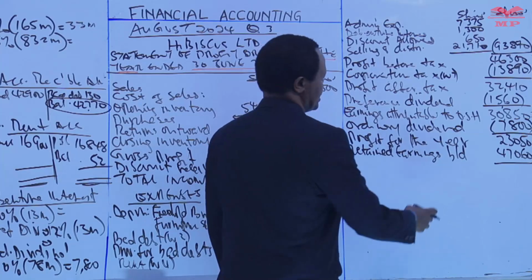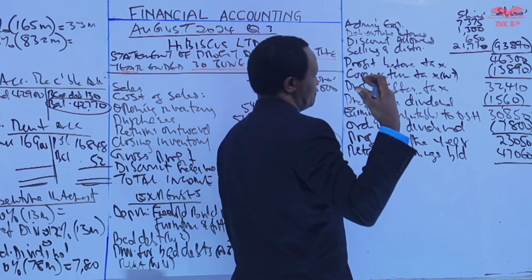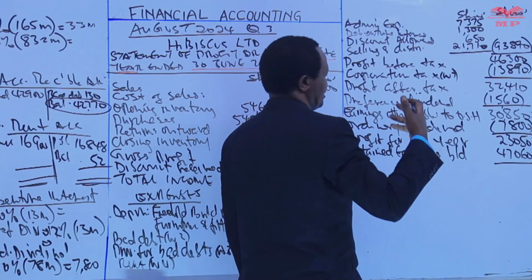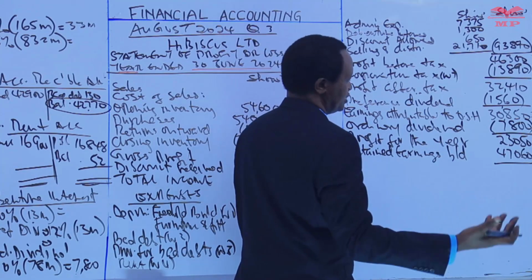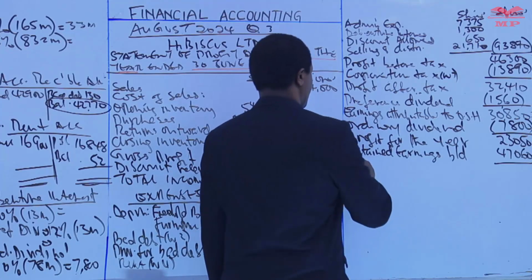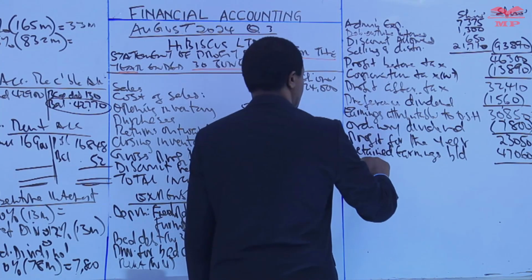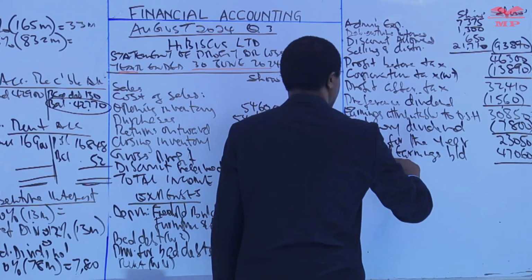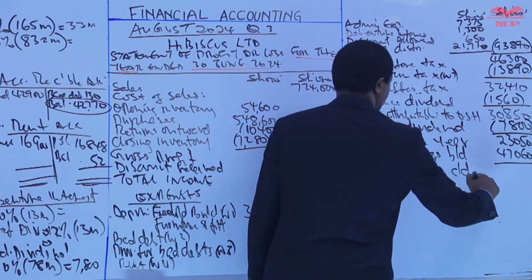This one has accumulated over the past period. Then during this year, the company has also some profit which is not distributed. So whatever we get now here is retained earnings carried down.